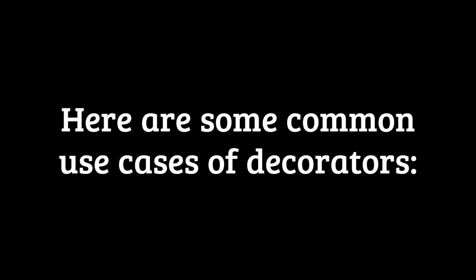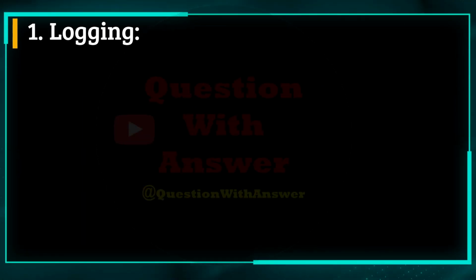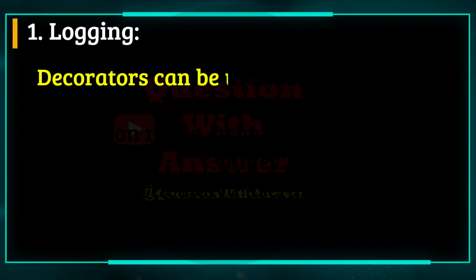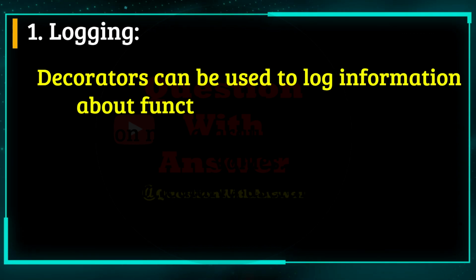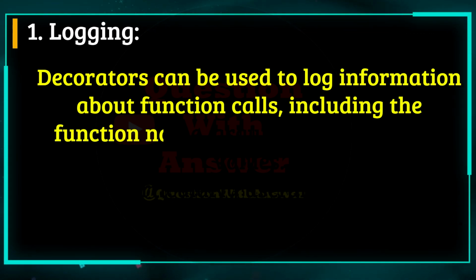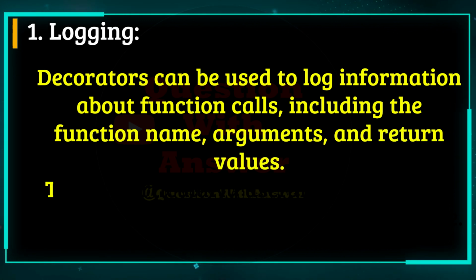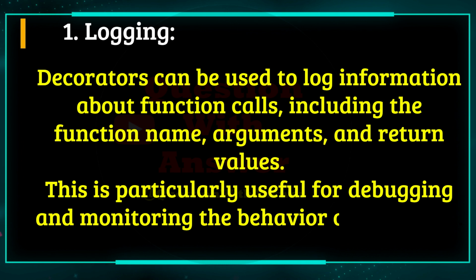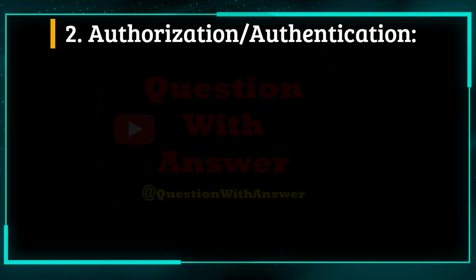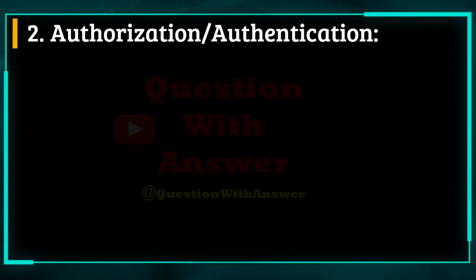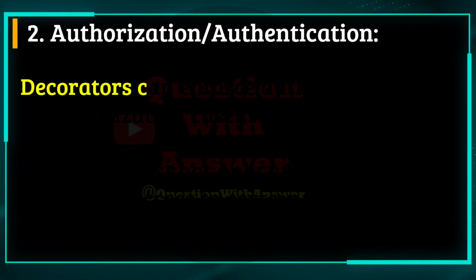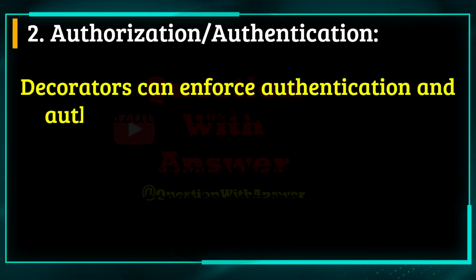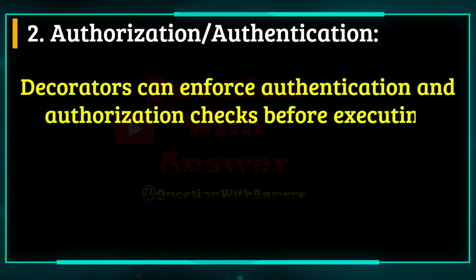Here are some common use cases of decorators. 1. Logging. Decorators can be used to log information about function calls, including the function name, arguments, and return values. This is particularly useful for debugging and monitoring the behavior of your code. 2. Authorization/authentication. Decorators can enforce authentication and authorization checks before executing a function.